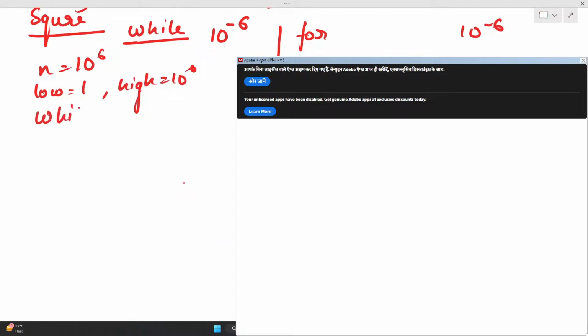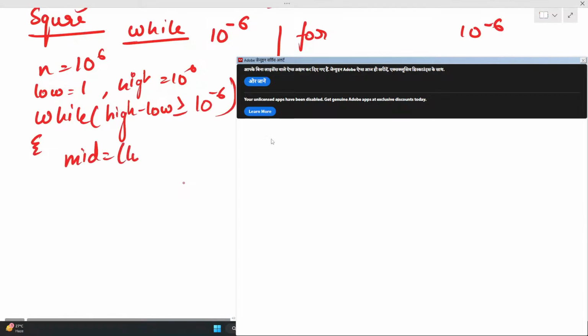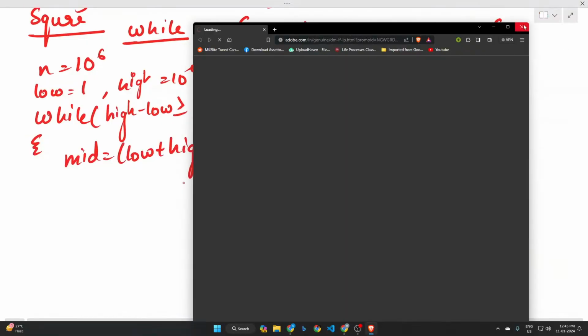Then while high minus low is more than or equal to 10 to the power minus 6, what will I do? I'll do mid is equal to low plus high by 2.